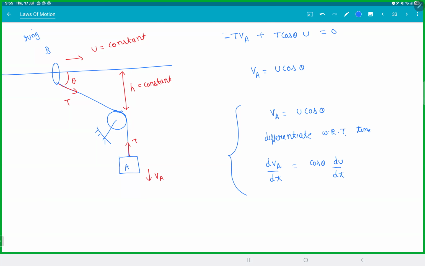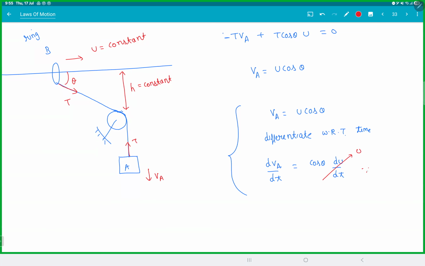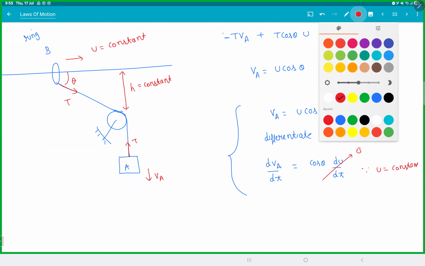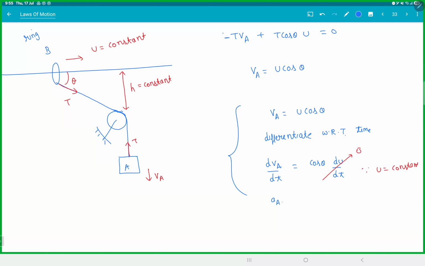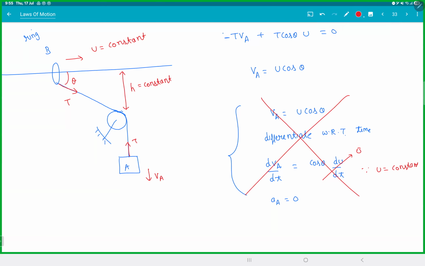But you said U is constant. Therefore, the acceleration of A is equal to 0. Be careful, this is wrong.